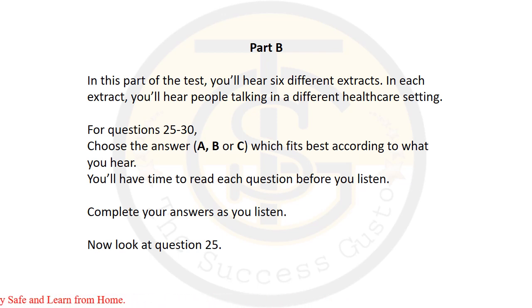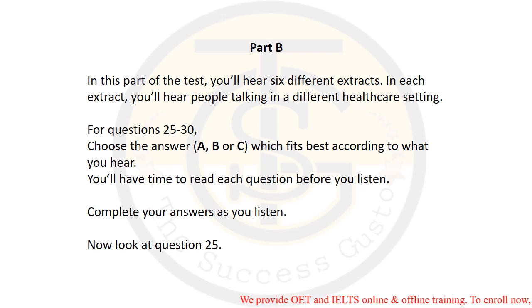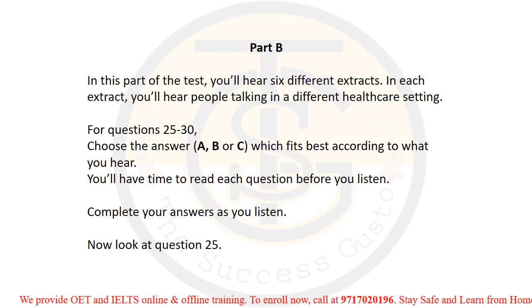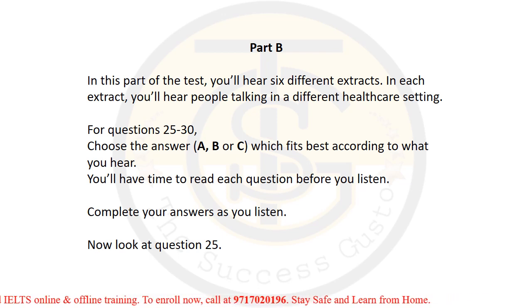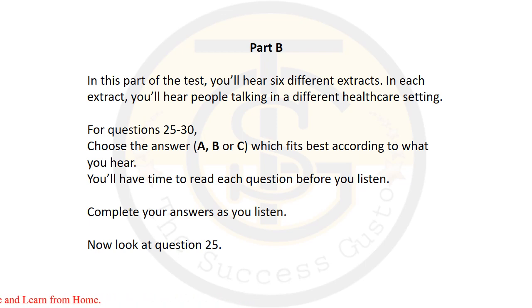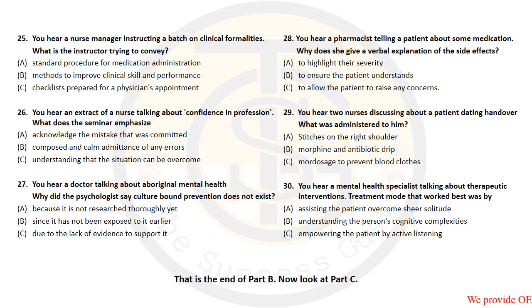For questions 25 to 30, choose the answer A, B or C which fits best according to what you hear. You'll have time to read each question before you listen. Complete your answers as you listen. Now look at question 25. Now read the question.